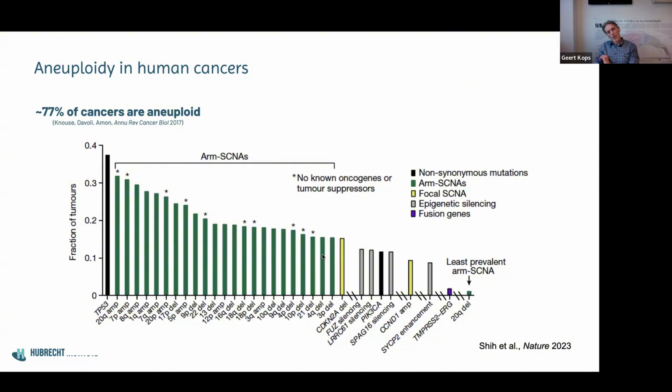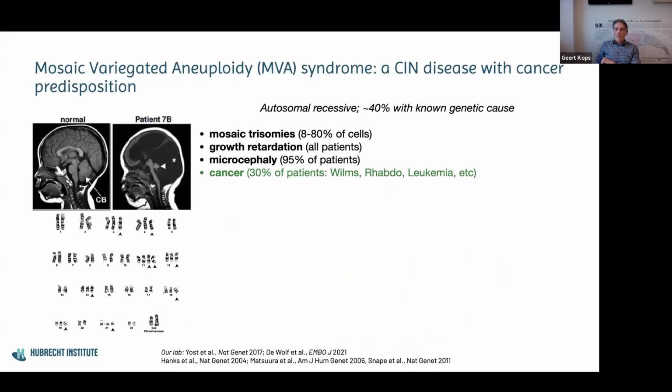These are all the green bars right here. For many of them, including the ones with an asterisk, the oncogenes or tumor suppressors associated with these chromosomes are not known, so what drives their copy number changes in cancer is not known. I think a lot of people in the audience are very interested in understanding what causes this selection for these copy number alterations in cancer.